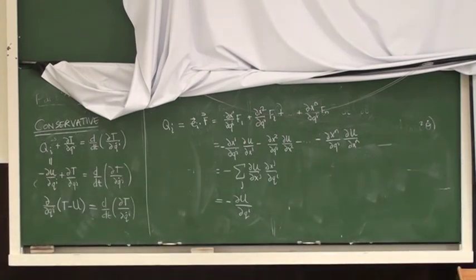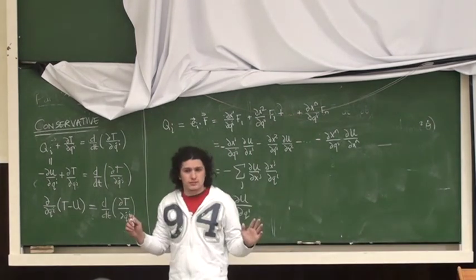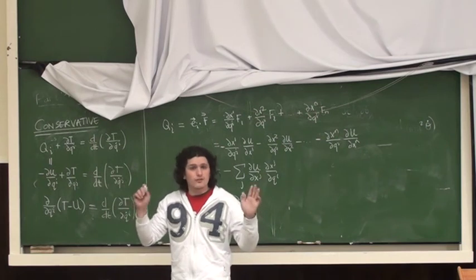I want to observe what I said in the very beginning of this whole discourse: potential energy, in the case of conservative forces, is dependent only on position, not on velocity, correct?